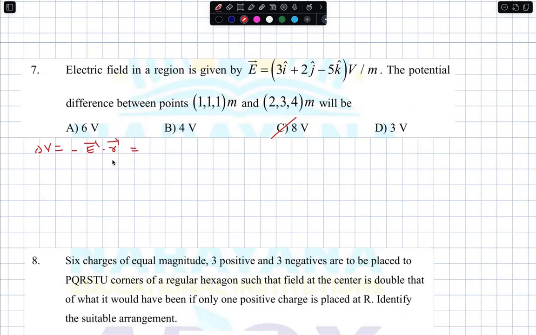Remember, this is allowed only for uniform electric field. So therefore, 3i cap plus 2j cap minus pi k cap dot i cap plus 2j cap plus 3k cap. That is minus 3 minus 4 plus 15. 15 minus 7. This is 8 volt. Correct.